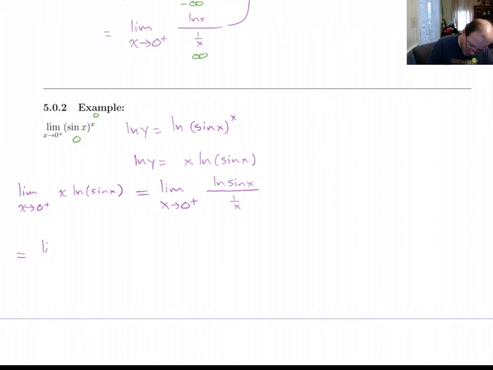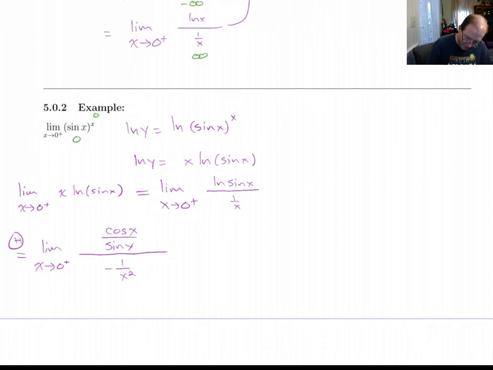If I take L'Hopital's rule here, on the top, natural log of sine, so sine goes to the bottom, its derivative goes on top. And then downstairs we've got 1 over x. You take the derivative of that, you get minus 1 over x squared. All right. Let's see, what do we get here?